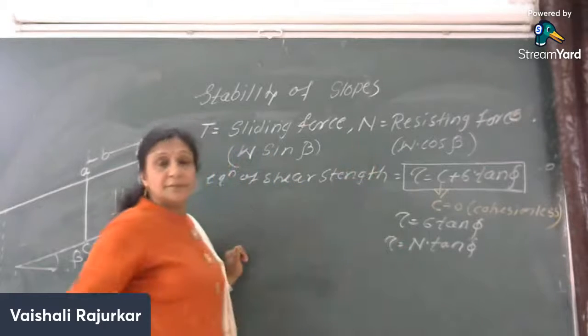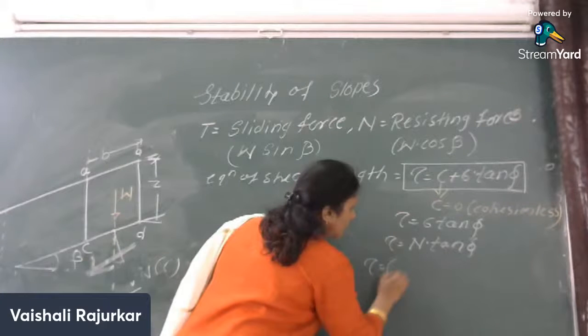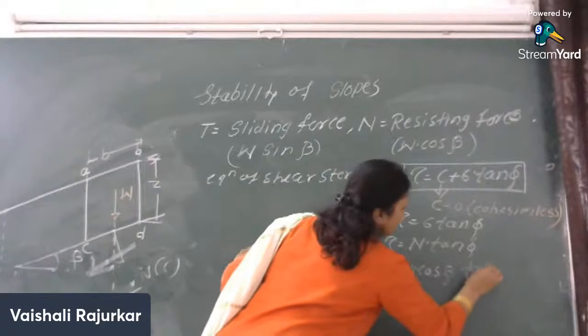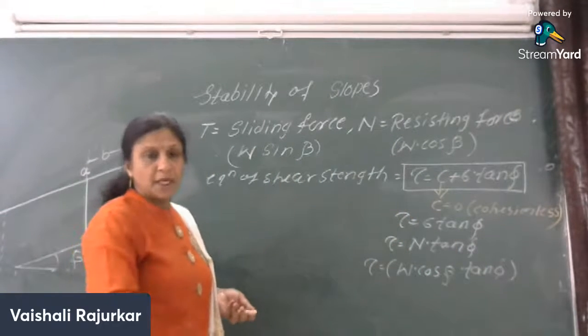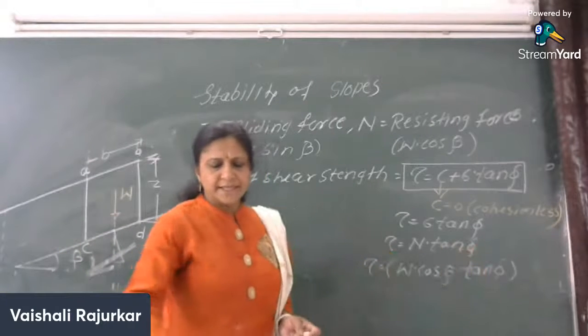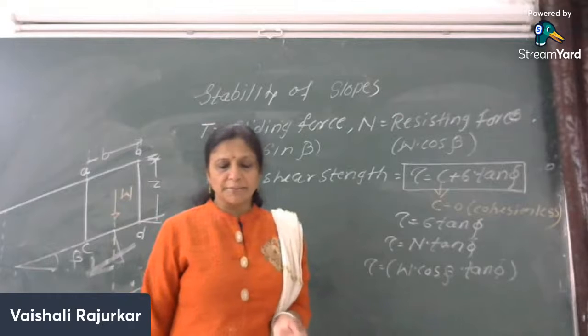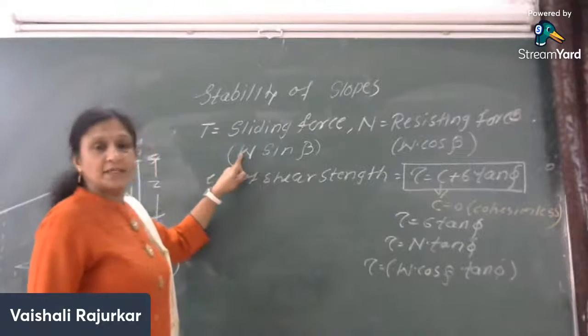N is W into cos beta. So here tau is equal to W cos beta into tan phi. That is actually the normal component. Then the tangential component we already know.